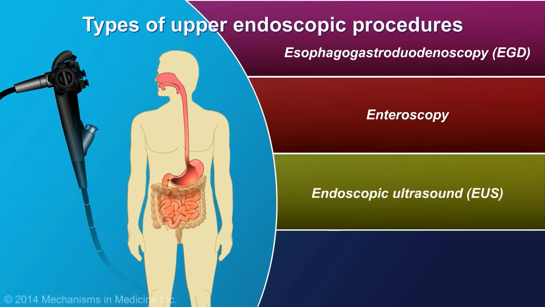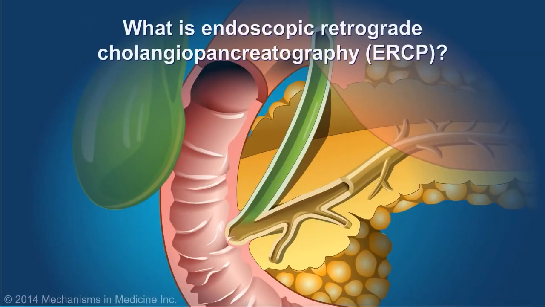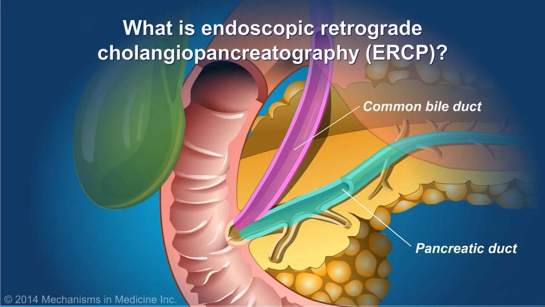Endoscopic ultrasound, or EUS, combines endoscopy with ultrasound to obtain images and tissue samples of the surrounding organs along the GI tract. Endoscopic retrograde cholangiopancreatography, or ERCP, is an endoscopic procedure used to examine and treat a specific finding within either the pancreatic duct or biliary tree or bile duct.